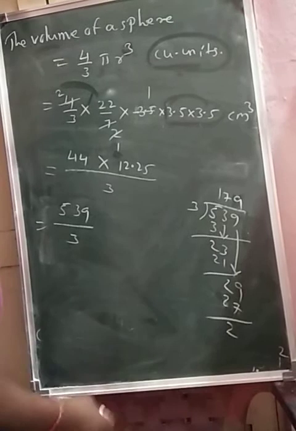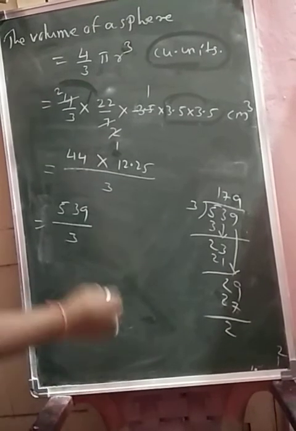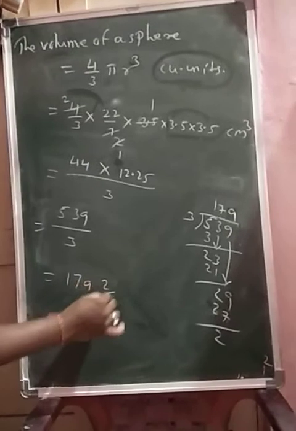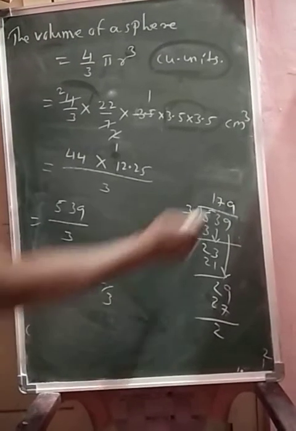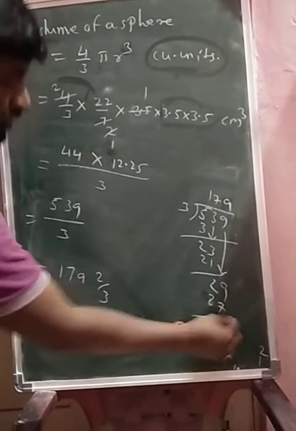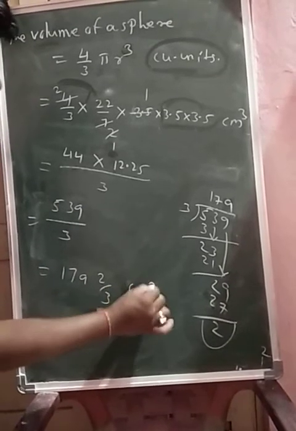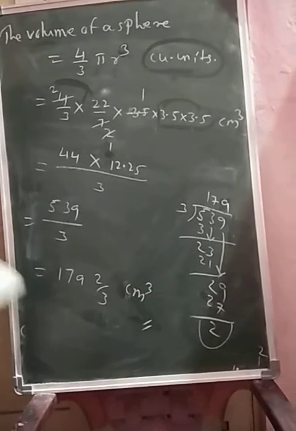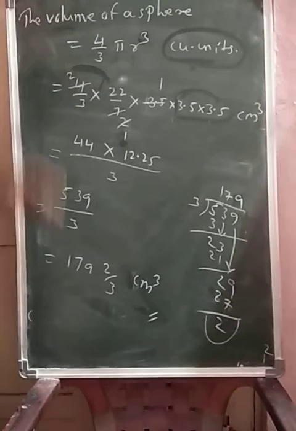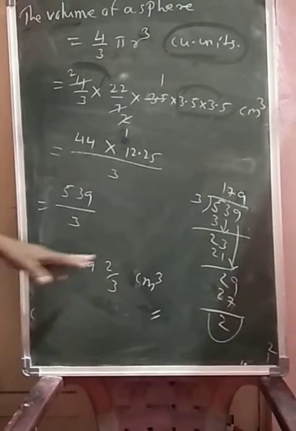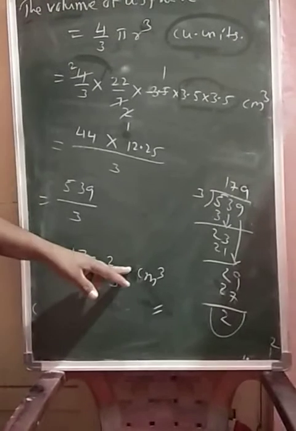So that is equal to what? We get the volume is 179 2 by 3, 179 2 by 3 cubic centimeters. Okay, so this is the required answer, students. The volume of a sphere is 179 2 by 3 cubic centimeters.